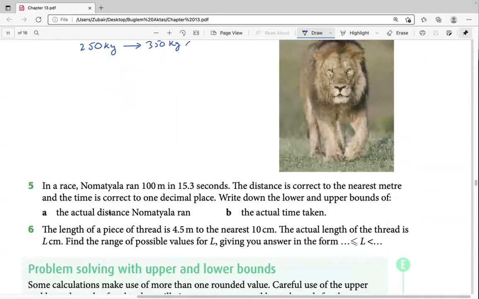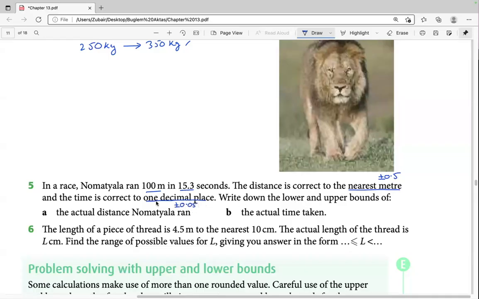In a race, Namatla ran 100 meters in 15.3 seconds. The distance is correct to the nearest meter, that means plus or minus 0.5. And the time is correct to the nearest one decimal place, that is plus or minus 0.05.